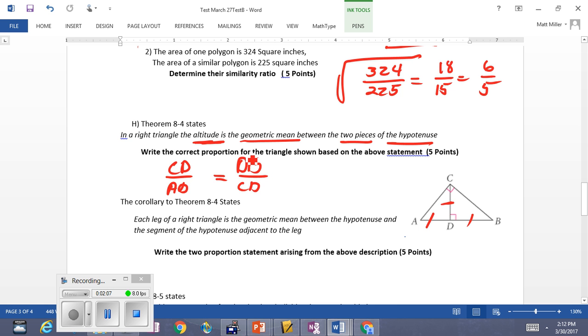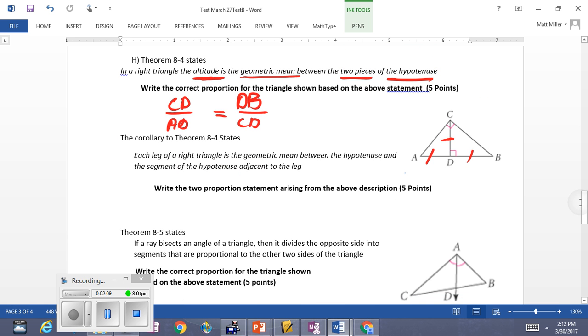Okay? Second one, another geometric mean pertaining to the same triangle. Each leg. If you read through this carefully, it says write two proportions. So each leg, so I have one leg AC, is the geometric mean. Again, AC is a geometric mean, implying once upstairs, once downstairs. Between what?